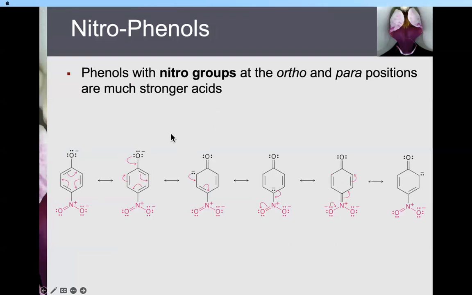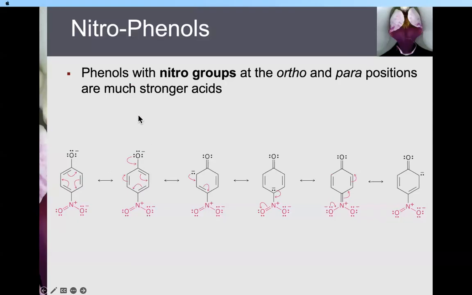Phenols with electron withdrawing substituents are more acidic because these substituents delocalize the negative charge. Phenols with electron donating substituents are less acidic because these substituents concentrate the charge.